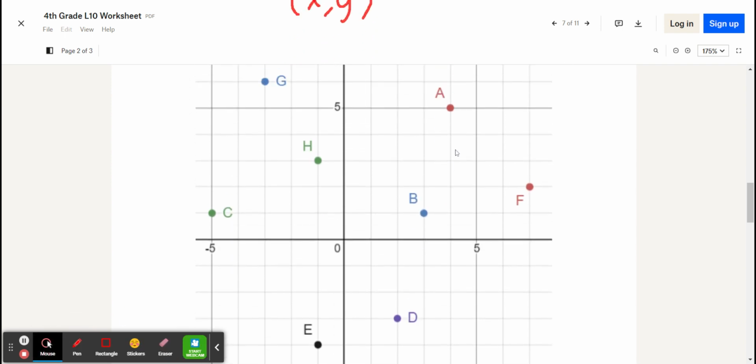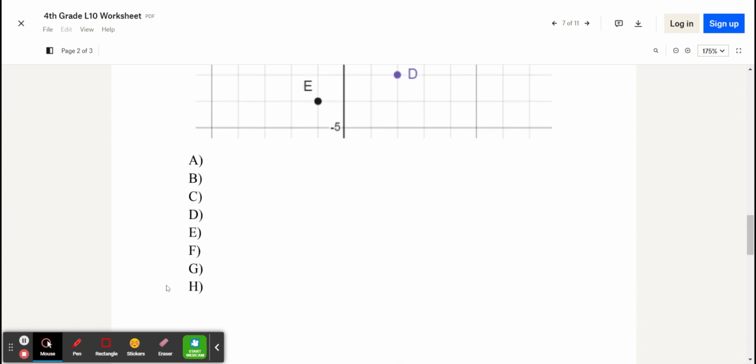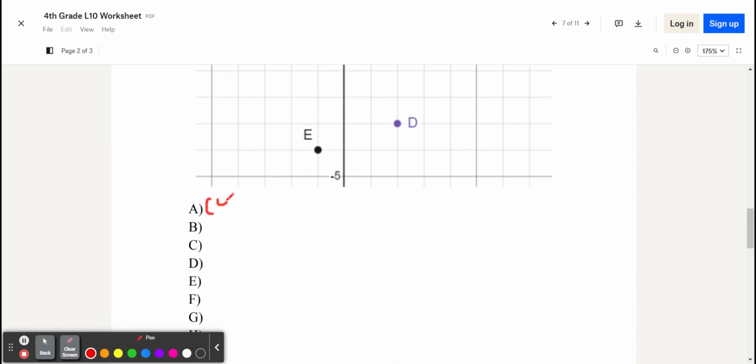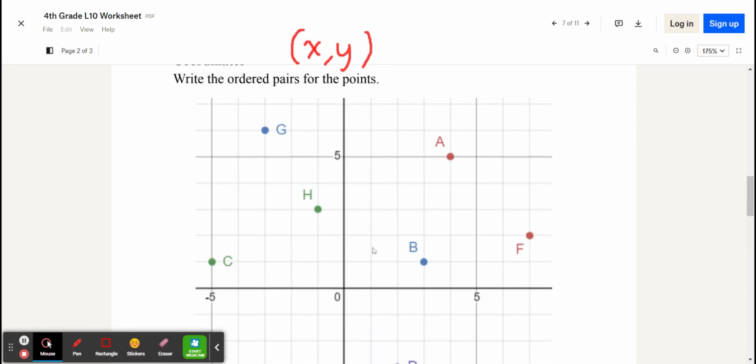So let's start off with A. The x would be how far it is to the right or left. So it'd be 1, 2, 3, 4 to the right. So if we go to A, we would say it's 4, comma, and then we would find how much up or down it is, which is the y. This is the x-axis and this is the y-axis.